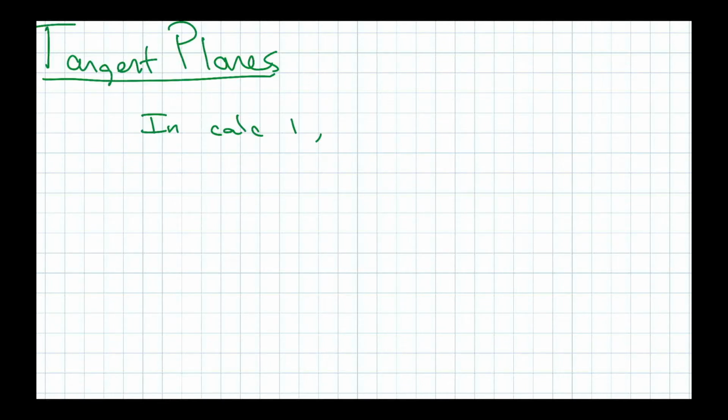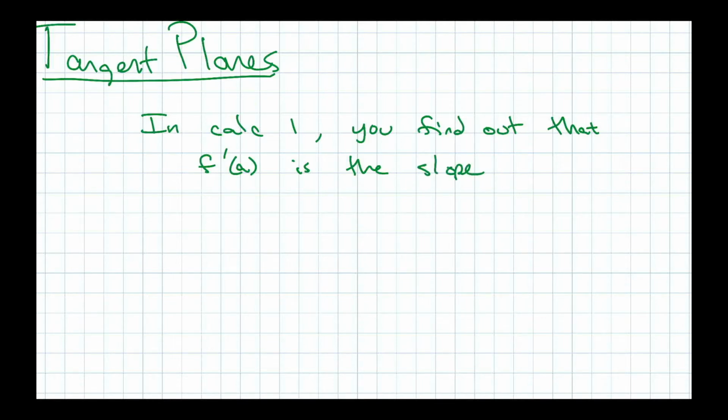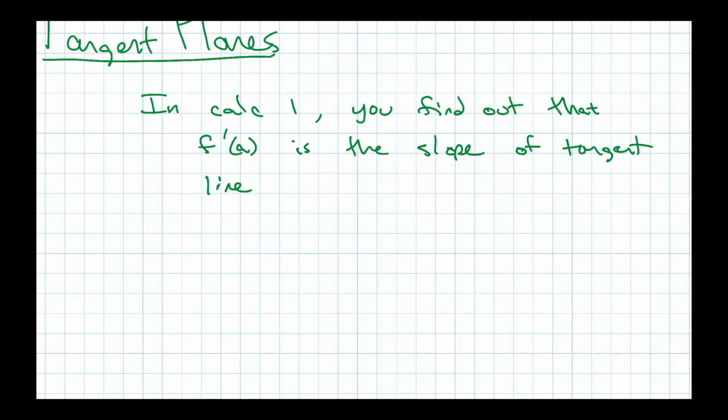You find out that f prime of a is the slope of the tangent line, or the curve, you could also say, at the point a comma f of a.